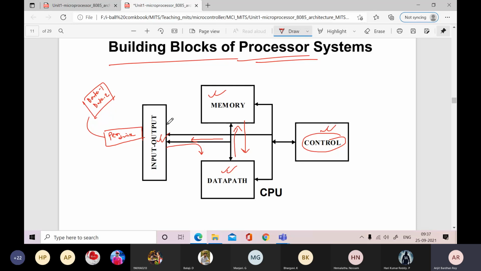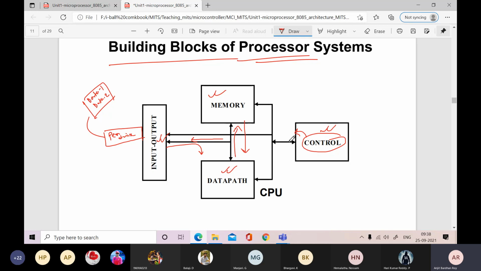So suppose you want to insert the data in memory. How is it possible? When you insert the pen drive into your input output device, that means your jack, at that time one control signal will be generated. What do you want to do with this data?